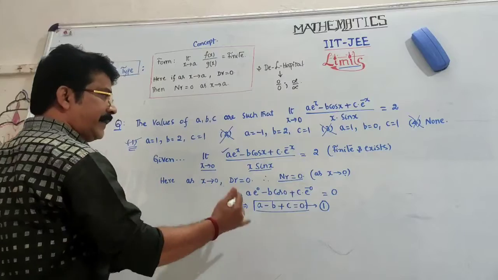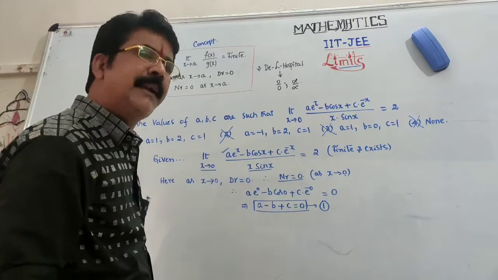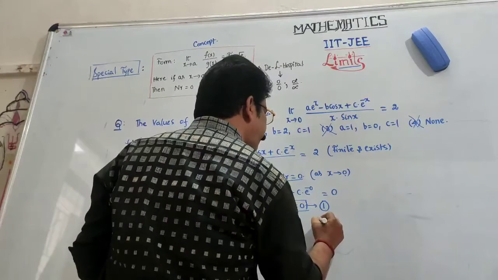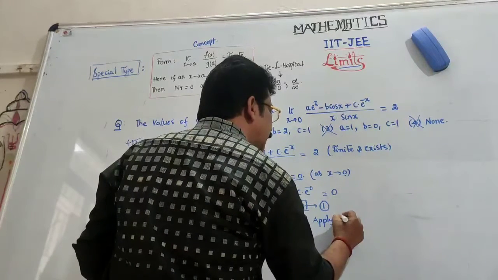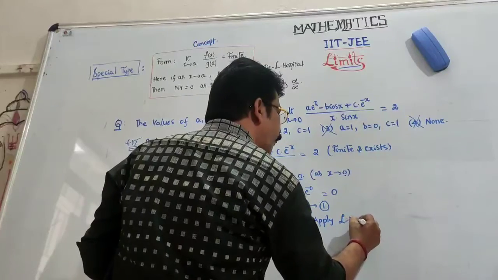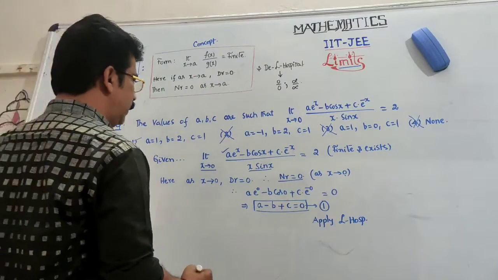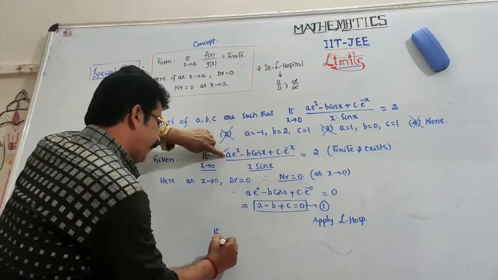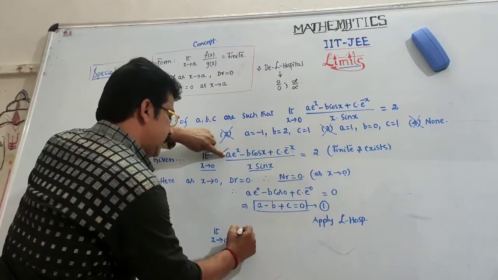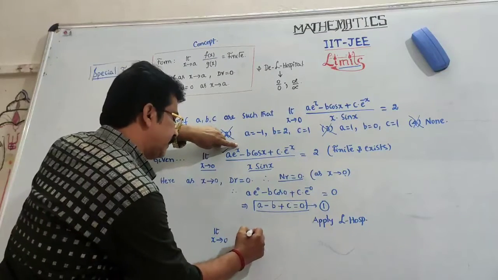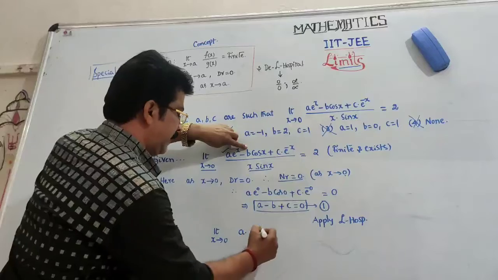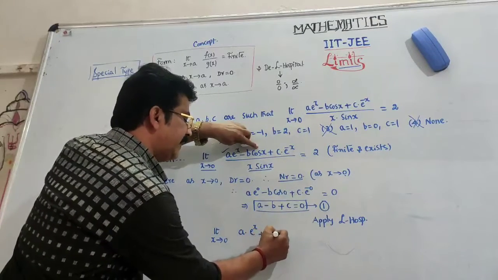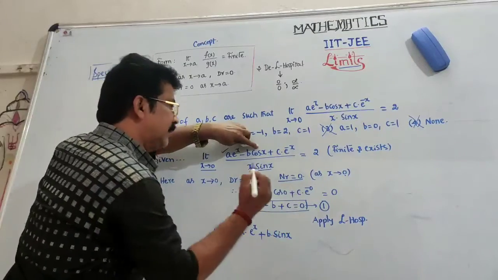Next, later, for the second equation, apply L'Hospital rule. So, limit x tends to 0, a into derivative of e power x minus b into derivative of cos x, minus sin x, minus into minus plus sin x.